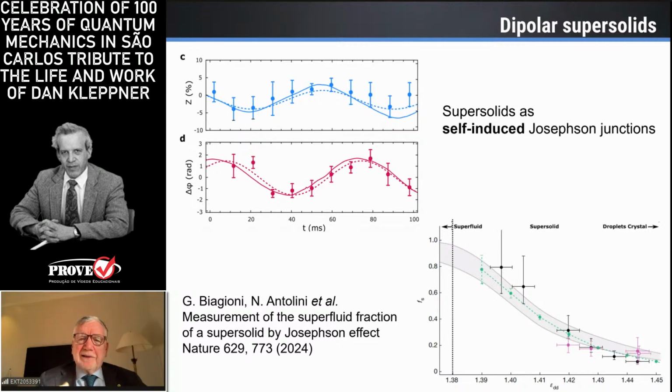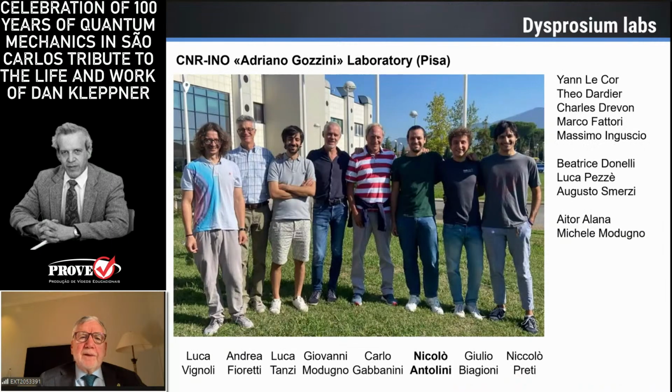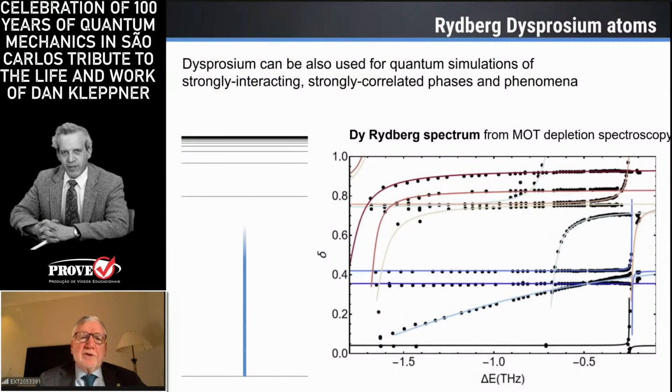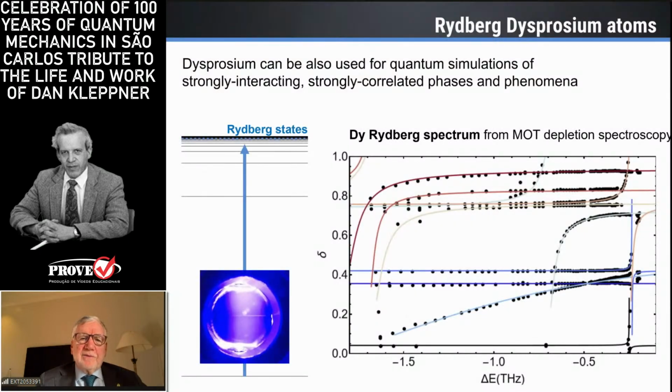You don't need to add light. This is simply the consequence of the strong dipolar interaction. This is the group of young people when this experiment was done in Pisa, in the LENS laboratory part, which is in Pisa, with the National Research Council, and now the story is going on at LENS in Florence.